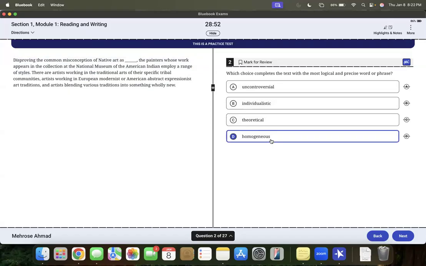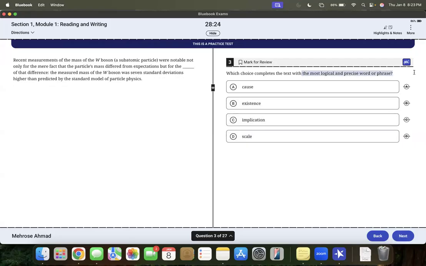When you have a homogeneous mixture, it's basically one; you can't separate it into different parts. When you have a homogeneous group of people, they are basically one unified group. So this is exactly what they're disproving. They're not one group. They're very unique and they've done different and diverse types of work. So the best answer would be D.